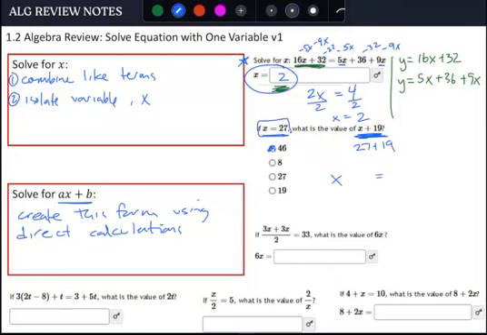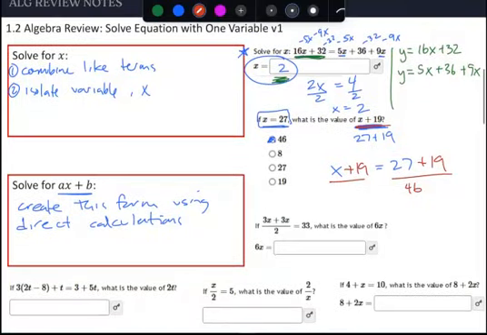So if you took x equals 27 and manipulate it into the form you're looking for, x plus 19, you would do that by adding 19 to both sides, and then that gives you your answer, 46.